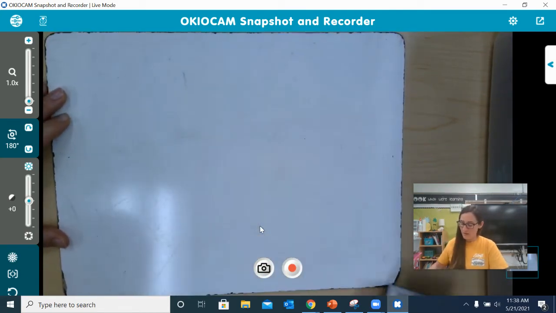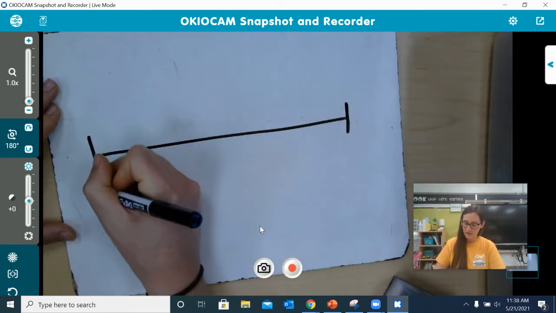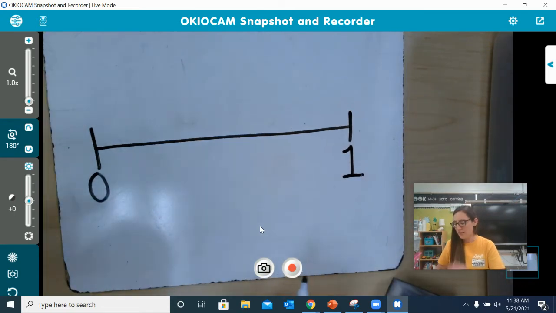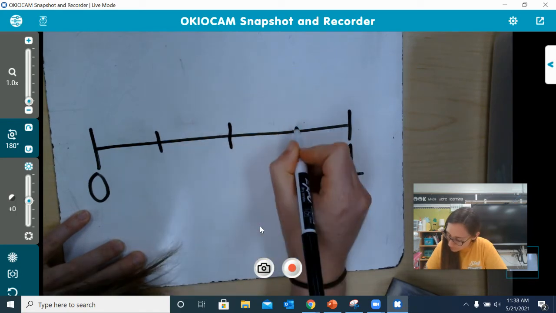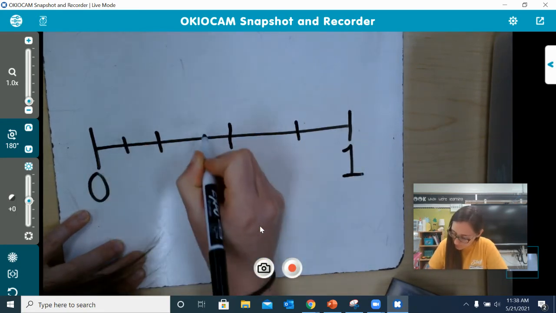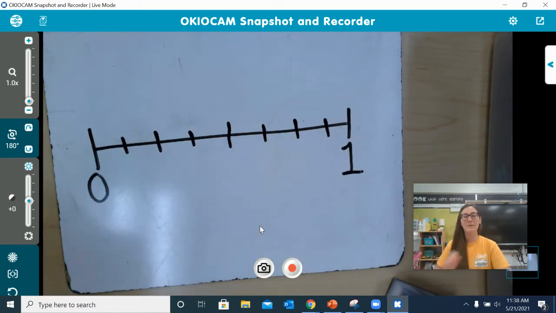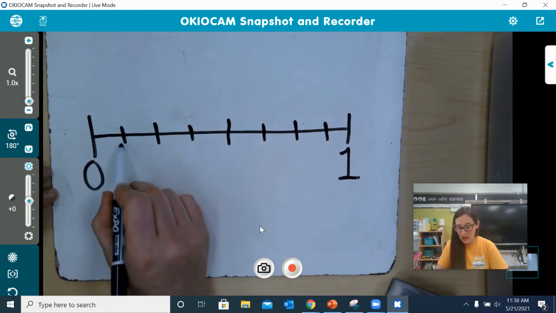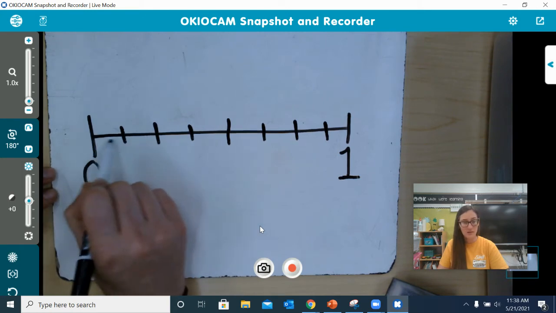All right, let's see. What if we have our 0 and our 1? How many equal parts are there in between 0 and 1? Not how many lines. I'm not talking about the lines here. I'm talking about the spaces between the lines.